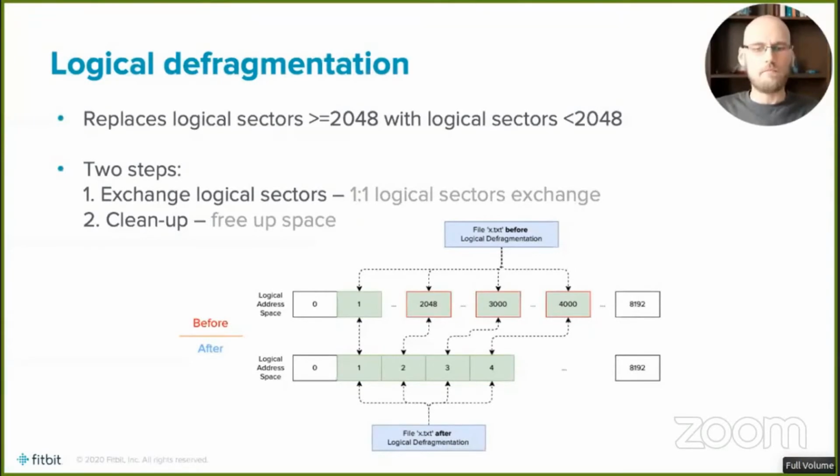The latter ones are placed under a special directory. We have this special directory whose content will be accessed only from full mapping, such as the new firmware binaries. Having said this, it replaces all the logical sectors larger than or equal to 2048 with logical sectors smaller than 2048. It has two stages: exchange and cleanup.